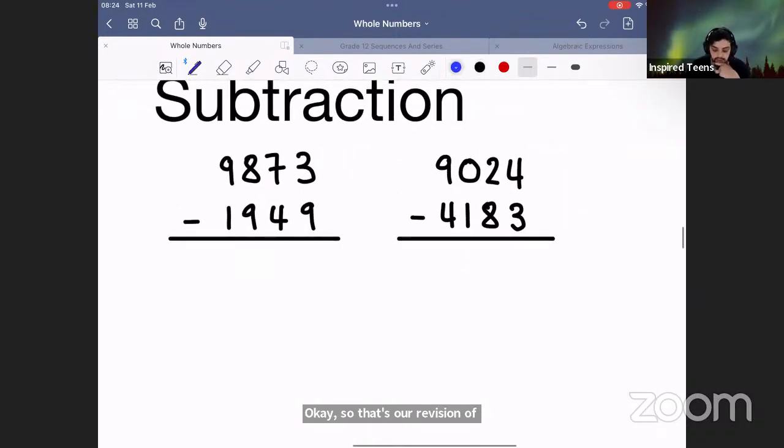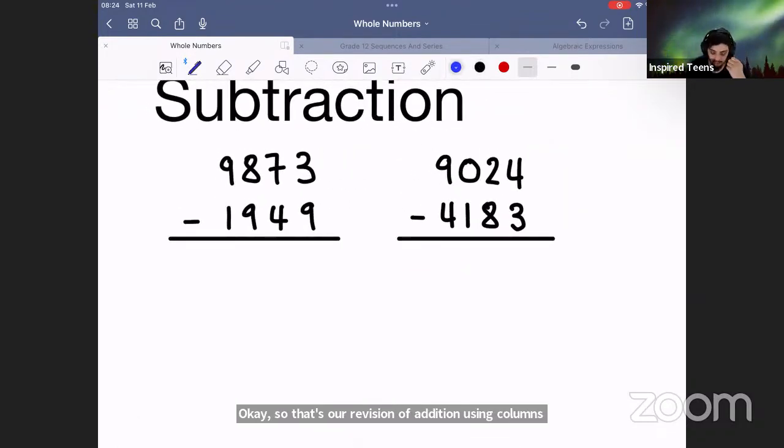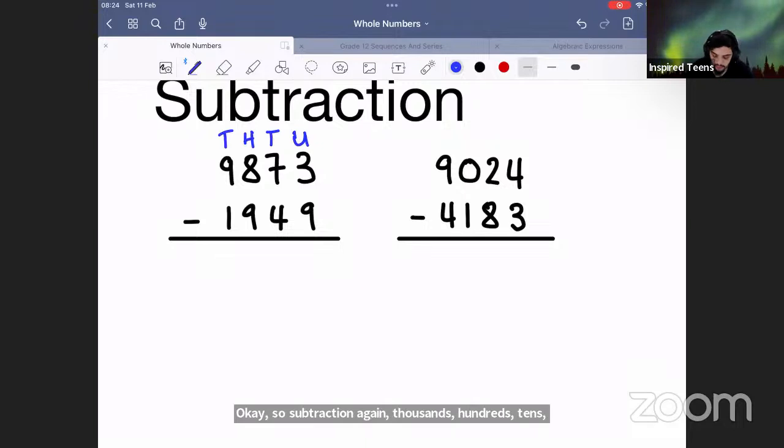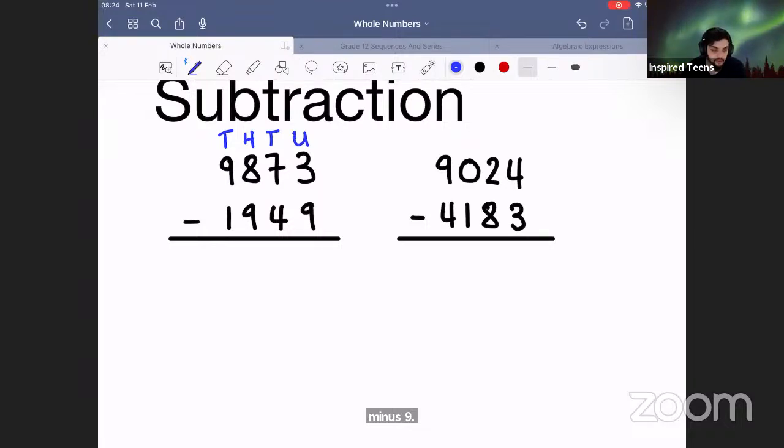Let's talk about subtraction. Again, thousands, hundreds, tens, units. I'm going to start off with my units. I'm going to say top number minus bottom number, 3 minus 9. However, I cannot say 3 minus 9 because 3 is smaller than 9.